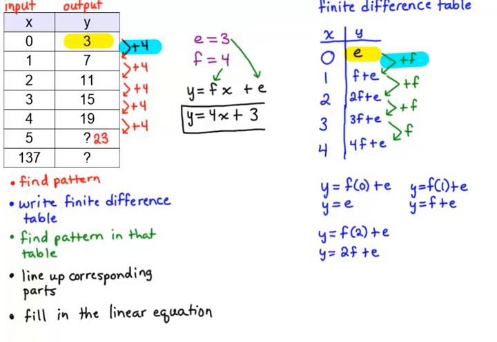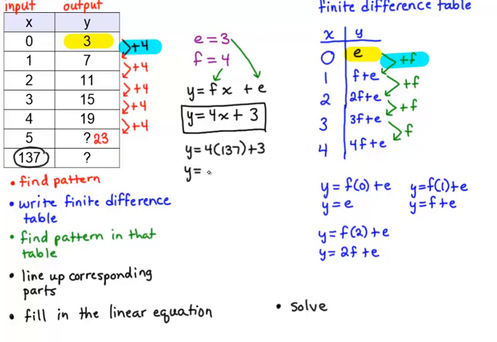Now that I found my equation, I'll put that step right here: solve. Okay, so we want to solve when x equals 137. So y equals 4 times 137 plus 3.